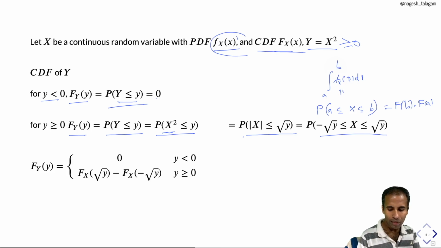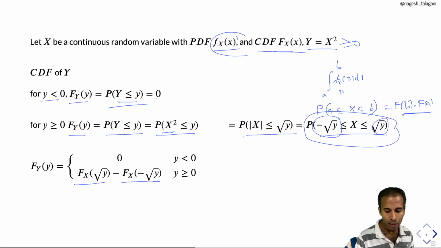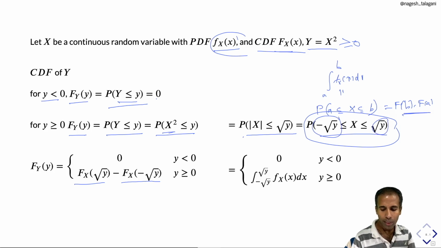When y greater than or equal to 0, this probability is going to be, in terms of the CDF, F_X of root y minus F_X of minus root y. Because it should be F of b minus F of a, right? Here a is minus root y, b is root y. If you want to use the PDF, you have to integrate the PDF from minus root y to root y. This is another way you can get the CDF.